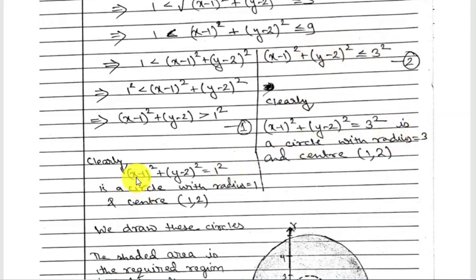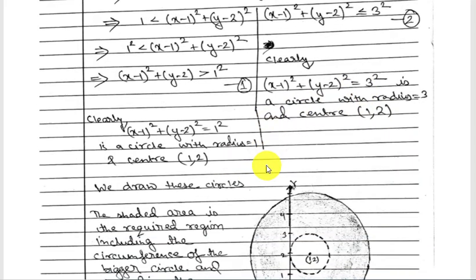So this circle has radius 1 and center 1 comma 2, and this circle has radius 3 and center 1 comma 2. So both have the same center, that means they are concentric, and the radius is different, one is of radius 1, the other is of 3.